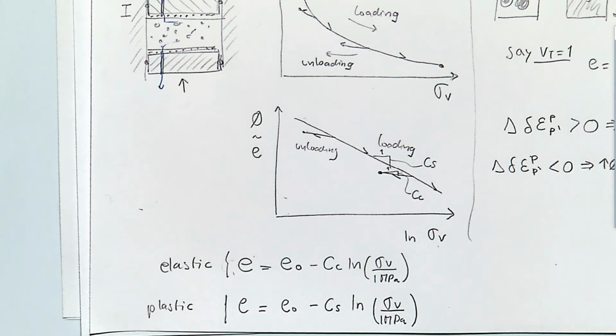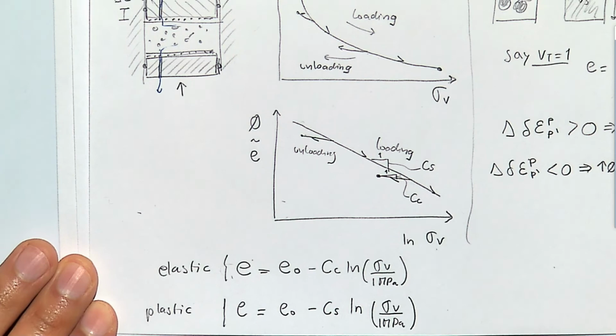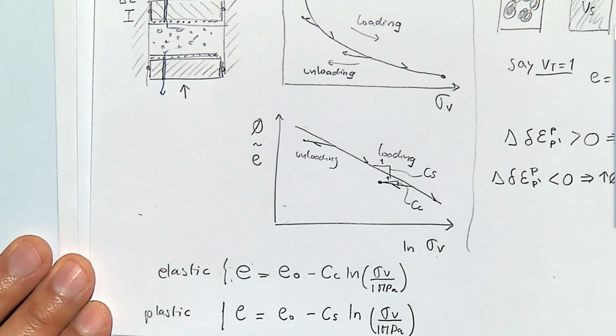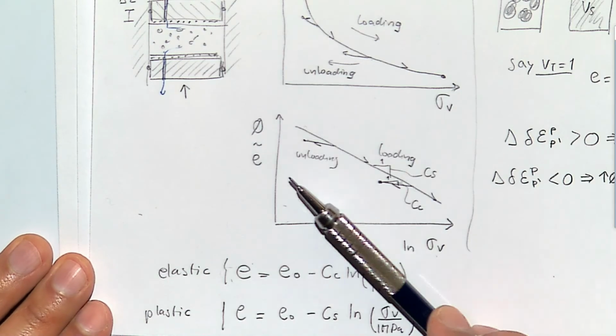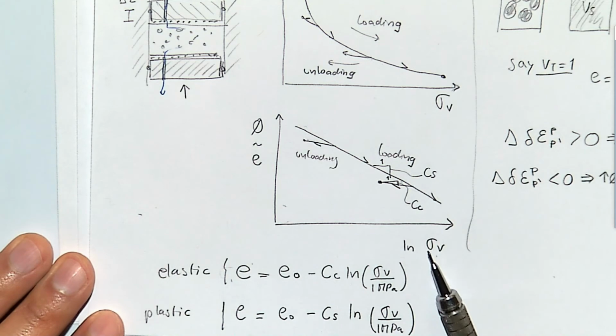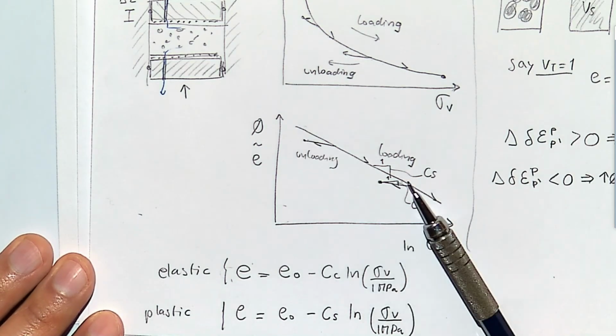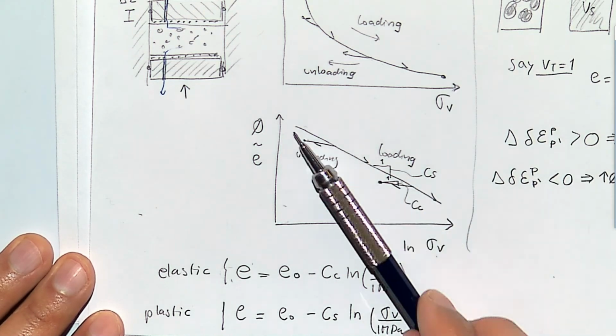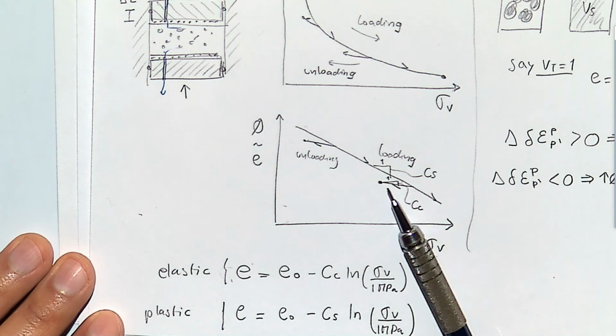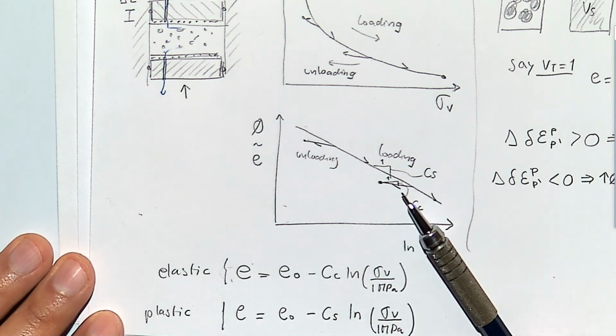All right, so let's try now to use this with what we have already seen. We know that our materials are non-linear because porosity and deformation depend on the logarithm of stress, and we can go through loading, unloading, and loading again, but the one that is on the plastic part is the loading curve.